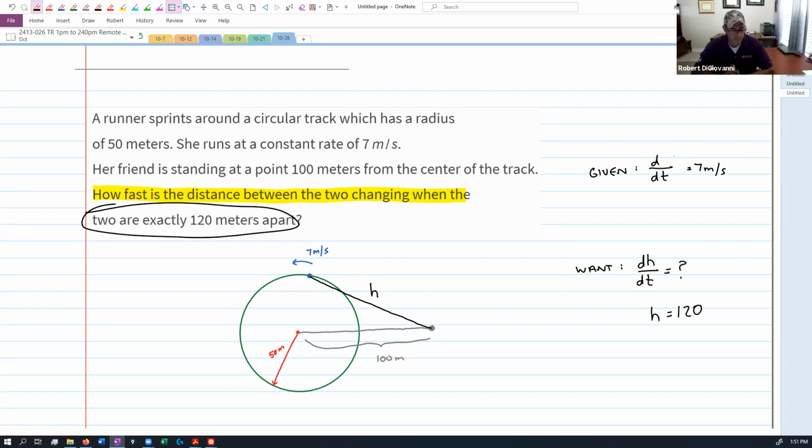R being what? The rate or radius? The radius is constant, right? So the 7 meters per second is not how fast the radius is changing.